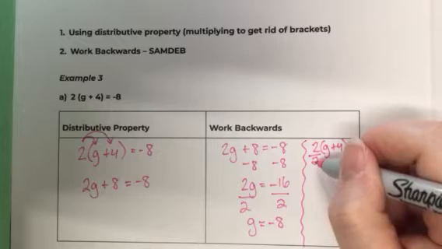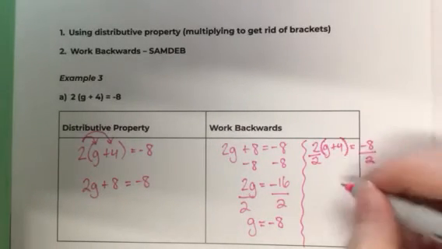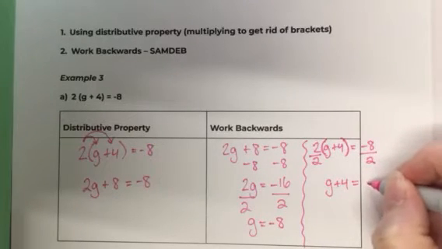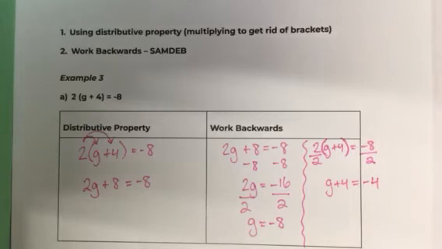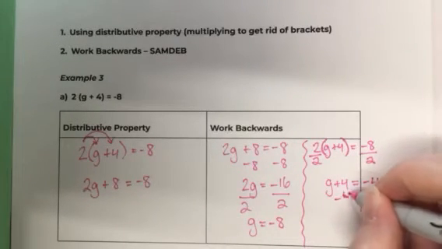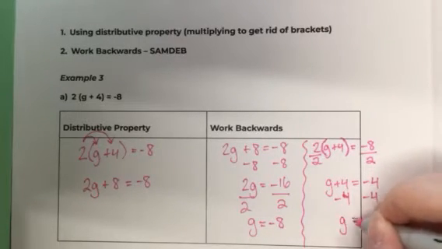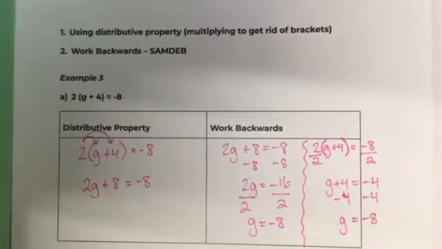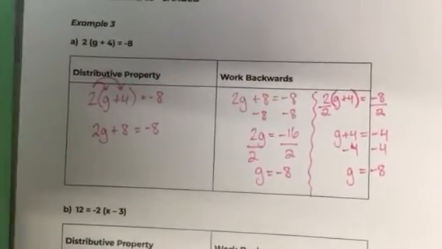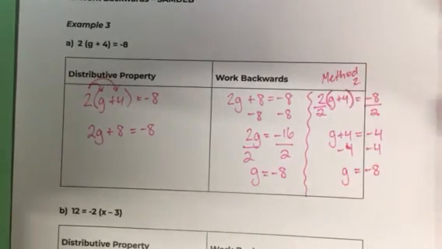So 2 divided by 2 leaves us with one group of this g plus 4, and now it would be equal to negative 4. Then I would minus my 4 from both sides, and be left with g equals negative 8. So this is an alternate way to solve the same. I'm going to call this method 2.